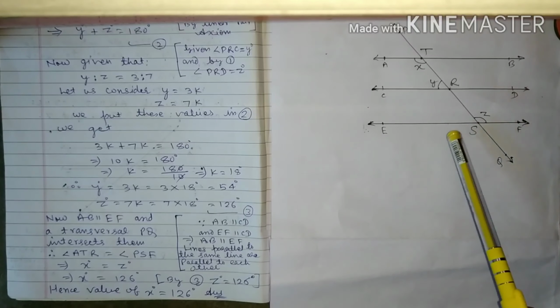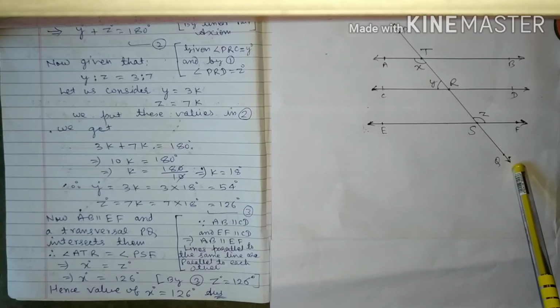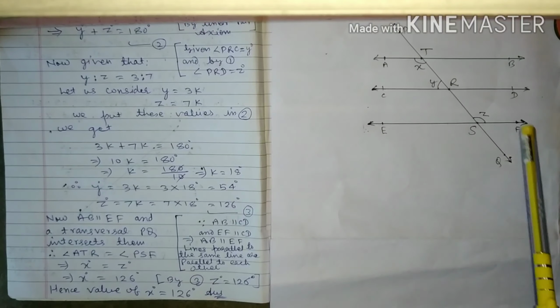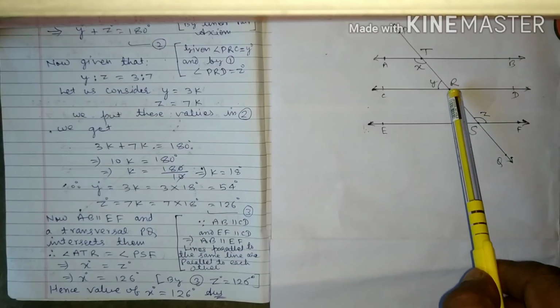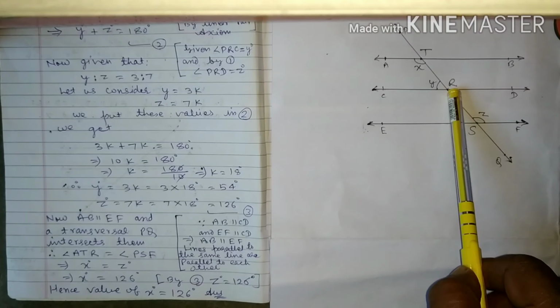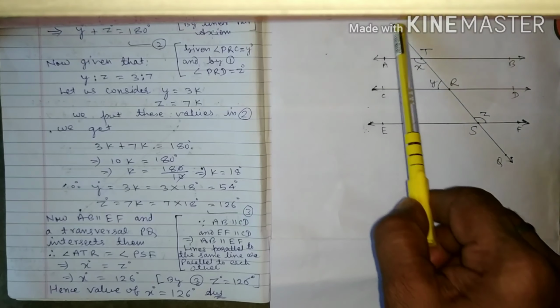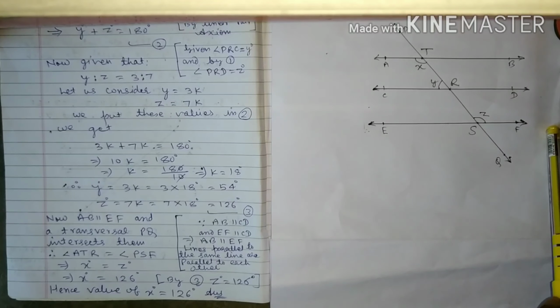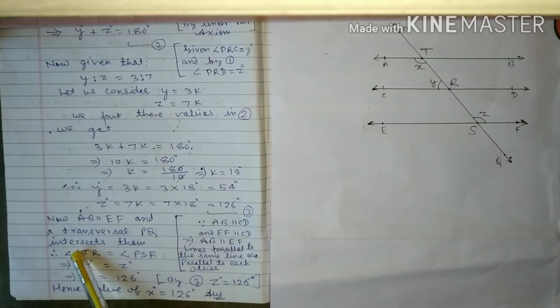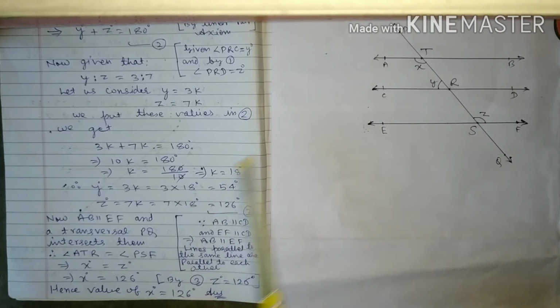Now, AB and EF are parallel and transversal PQ intersects them. Therefore, angle ATR is equal to angle PSF. This implies that x equals z degrees.